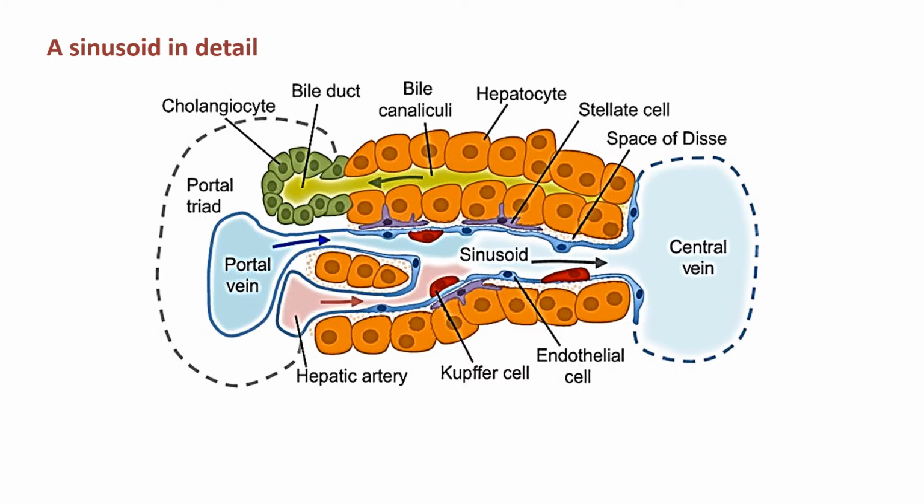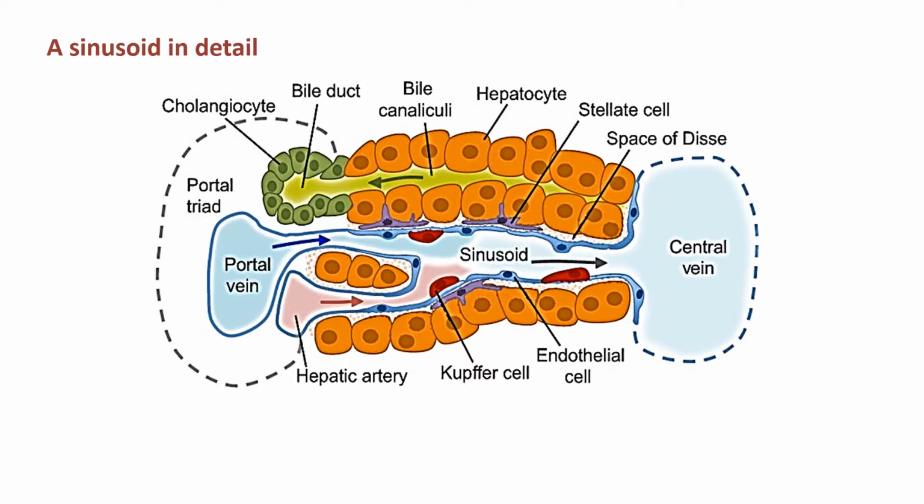So a quick look at a sinusoid from above, if you like. We can see here on the right we have our central vein, so our blood flow is coming in from the left. So we have the portal vein there and the hepatic artery both flowing into the sinusoid. We also have some bile, but that runs outside of the sinusoids, also between hepatocytes.